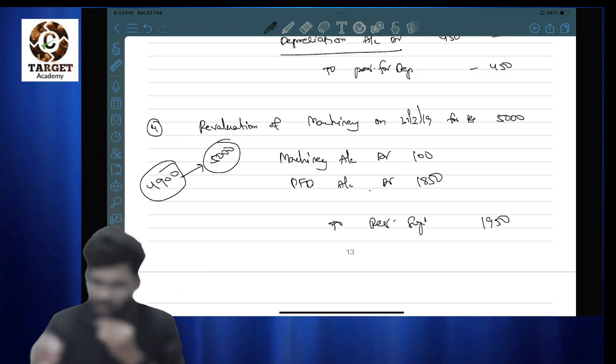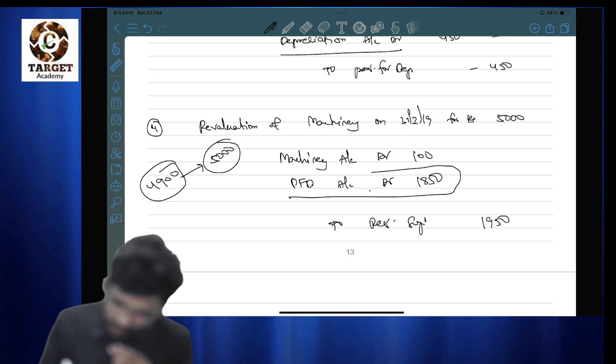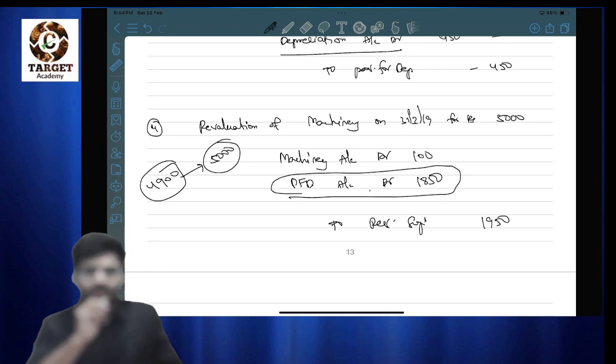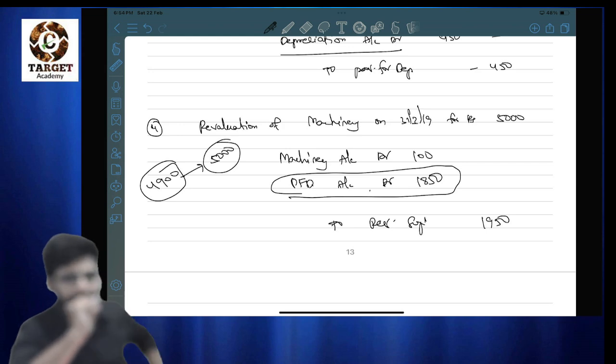Then why should the provision for depreciation account be debited? Have you understood my question? Why should the provision for depreciation account be debited?